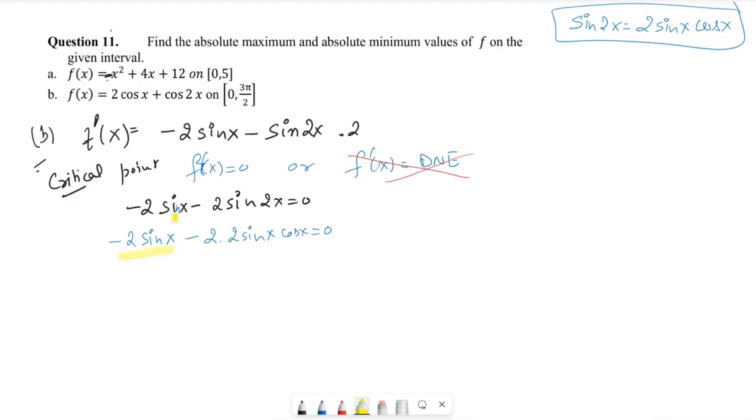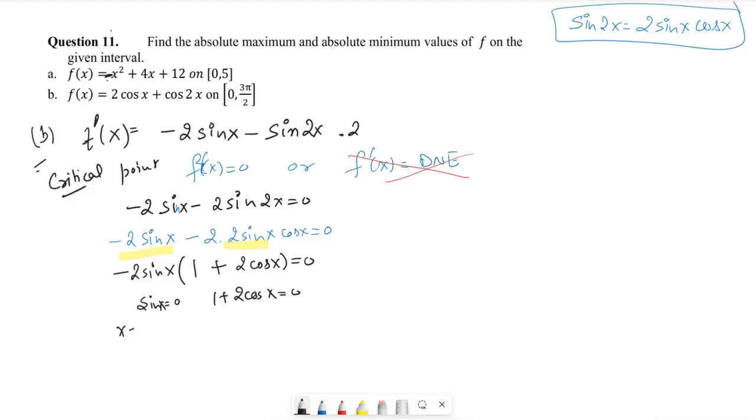You see, we can factor negative 2 sine x from these two. What will be left in the first term? 1 plus 2 cosine x equal to 0. Either sine x equal to 0 or 1 plus 2 cosine x equal to 0.